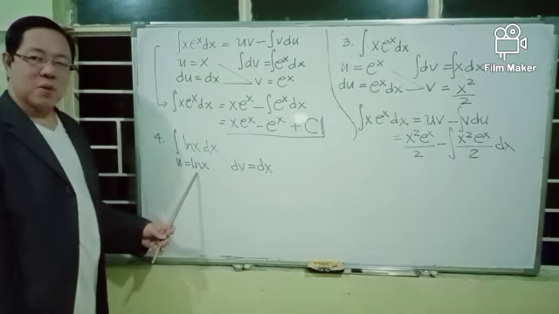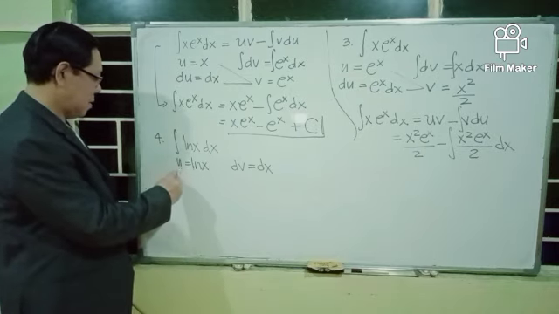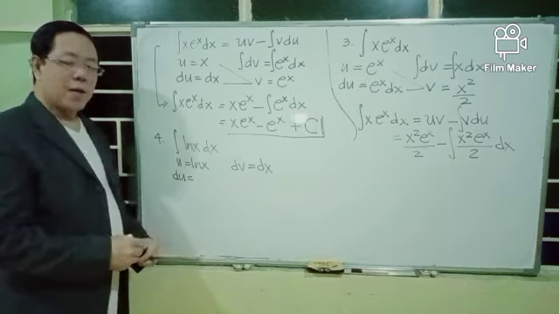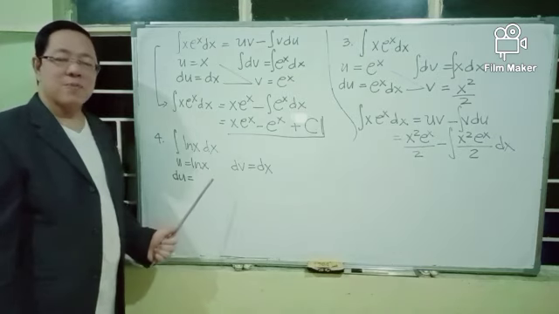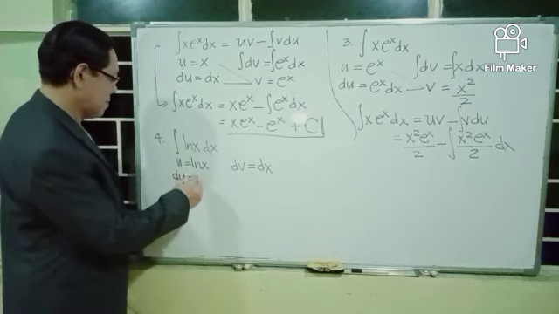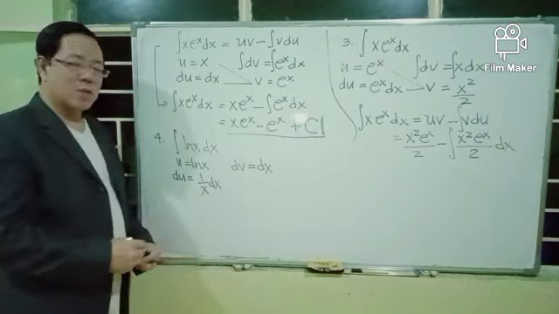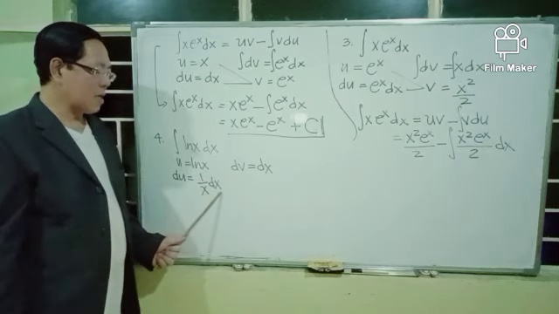We differentiate both sides. Derivative of u is du. And derivative of ln x, from your course in differential calculus, is 1 over x. And we multiply 1 over x by dx.